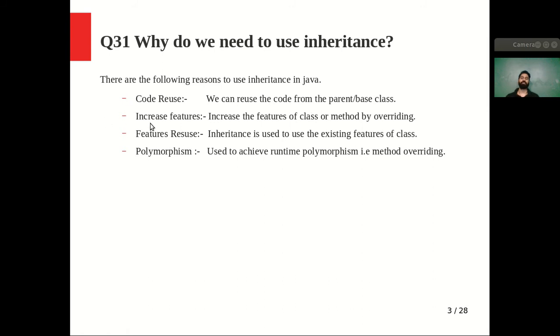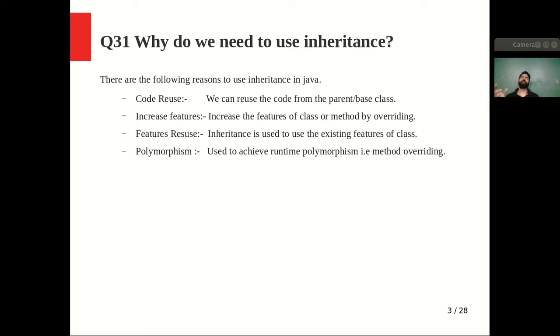The second point you can give is that it increases the features of a class or the method by overriding. With inheritance, we can override the method. So what do you mean by method overriding? By method overriding, we are defining a method with new functionality.